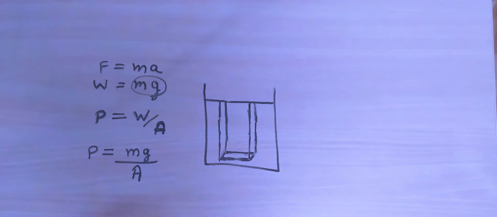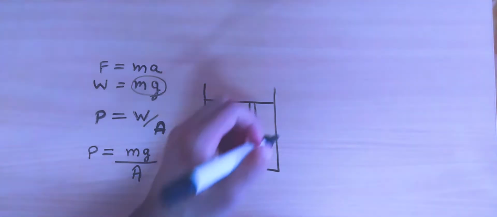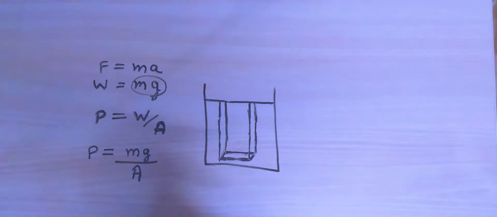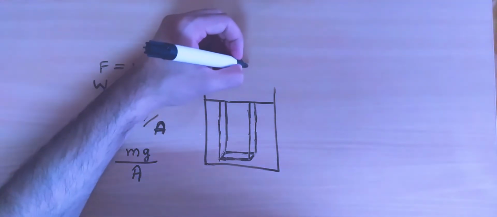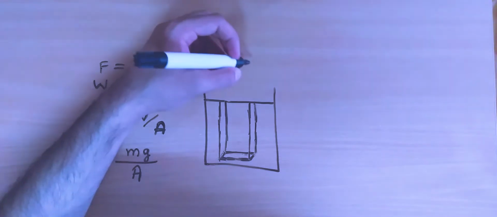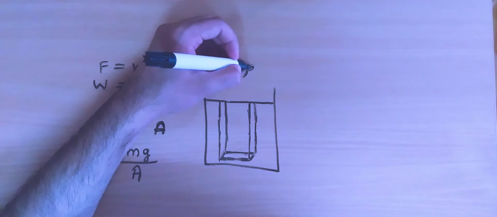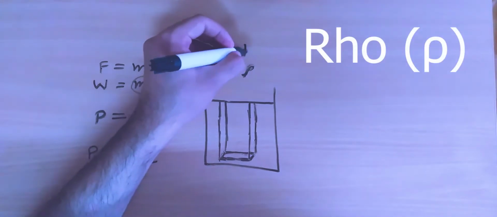So that is good. We may simplify this expression even more. We know that density of any object is the mass per unit volume, or the mass of that substance divided by its volume. We denote density generally by the simple letter rho, written as RHO.